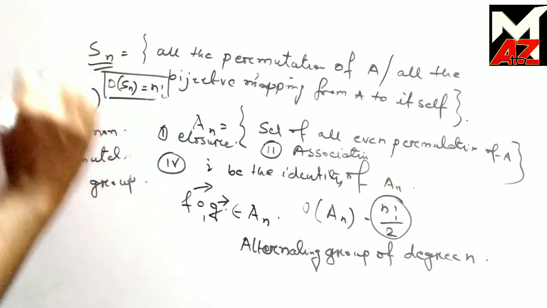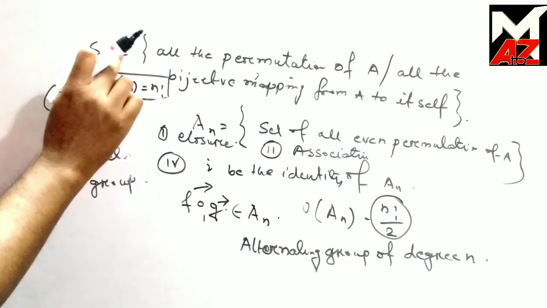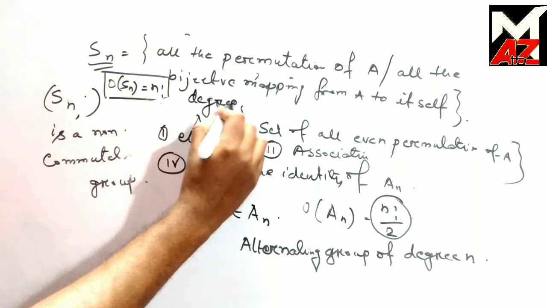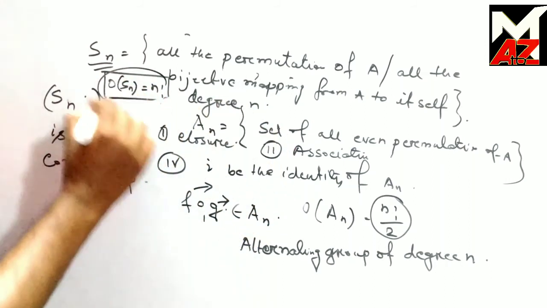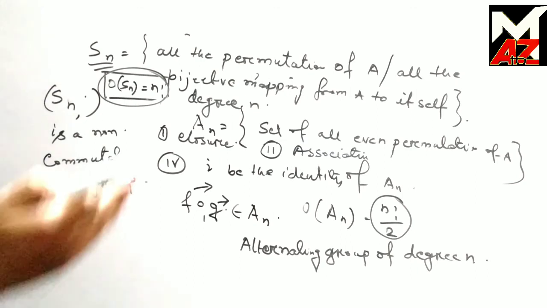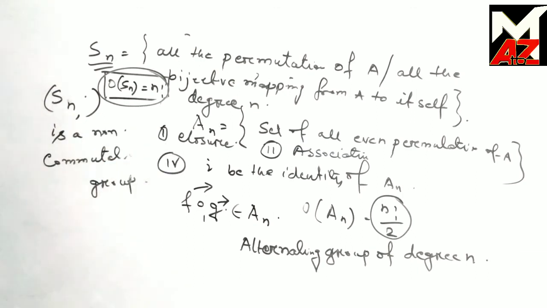And this is the symmetric group of degree n, with order n factorial. Okay, so this is the symmetric group Sn, and this is the alternating group An.